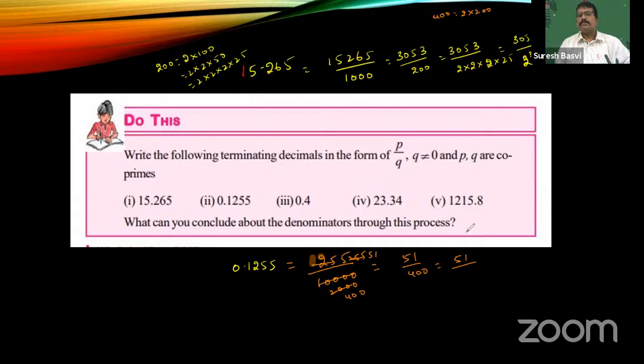So that means 2 power 4 into 25. That is nothing but 2 power 4 into 5 square. It is in the form of 2 power n into 5 power m also.